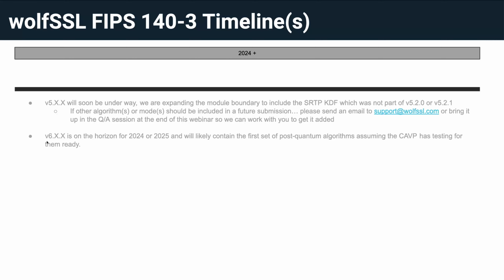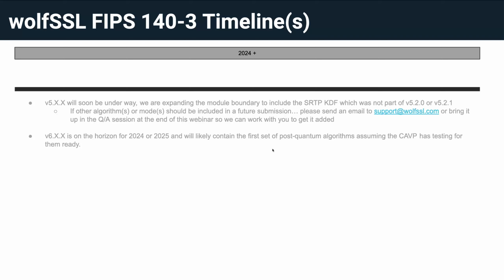And then the fourth certificate, like I said, things are changing really rapidly right now in the FIPS industry. And so the fourth certificate that we end up doing will likely be late 2024 or maybe early 2025. And that will have our first set of post-quantum algorithms in it.